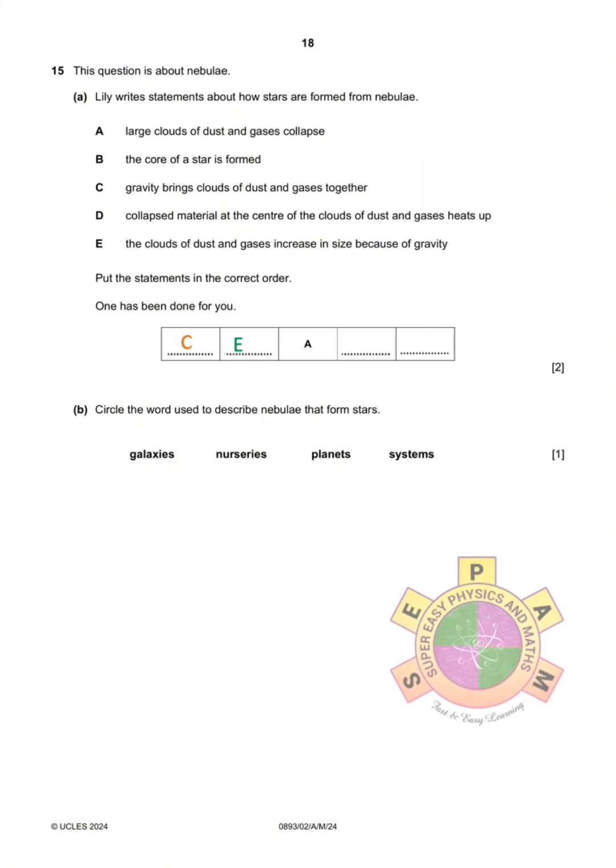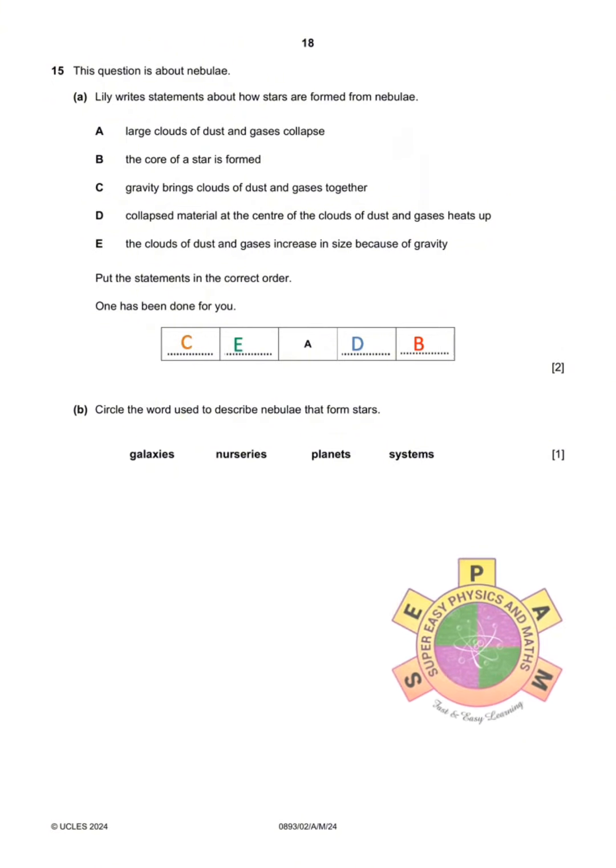Then the third one, the large cloud of dust and gas collapses. Then finally, the collapsed material at the center of the cloud of dust heats up, so temperature increases. And then finally, you have the last option, which is B: the core of a star is formed.